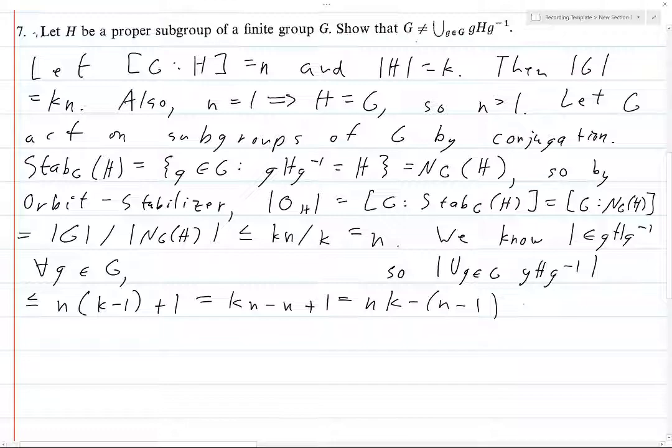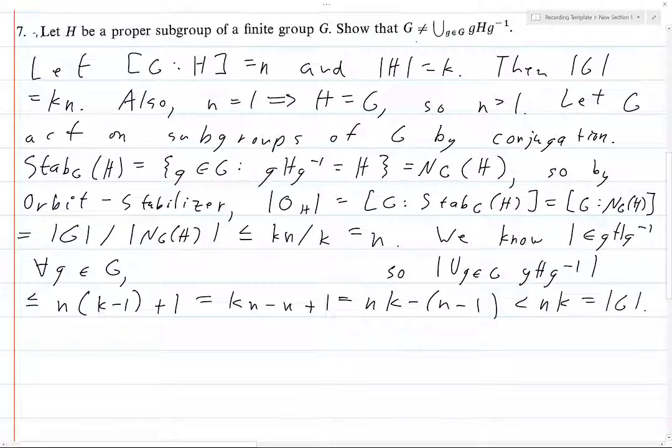And this is strictly less than nk because n is strictly greater than 1. So the number being subtracted is strictly positive, and it's definitely bringing this down. So we have a strict less than nk, and this is the order of G.